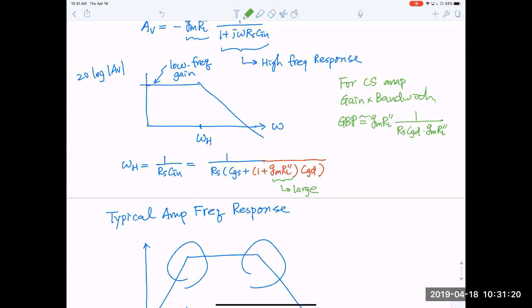If you design this to have a high gain, your Miller effect gets larger, so your bandwidth will go down. The product of the two stays constant. You can say these two terms cancel out.